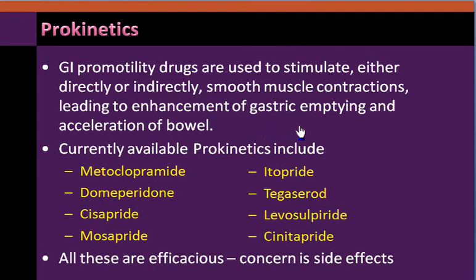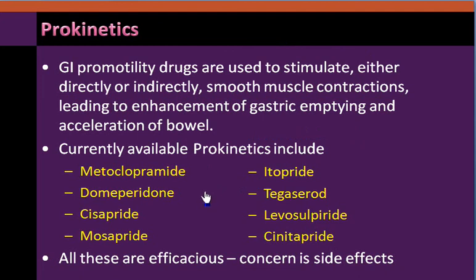So, in a way they are making the gastric tone or bringing the gastric tone to normal levels. So, they normalize the gastric tonicity both of the reservoir of the stomach and of the antral pump. Currently, we have got several prokinetic agents.